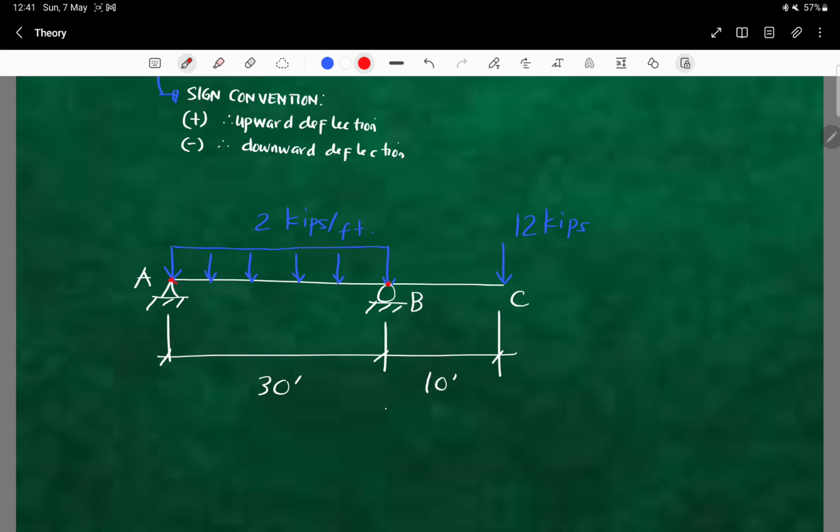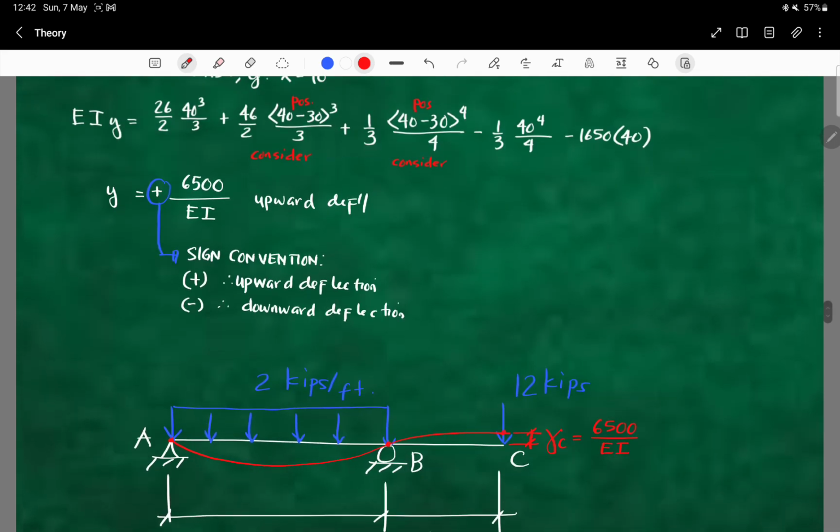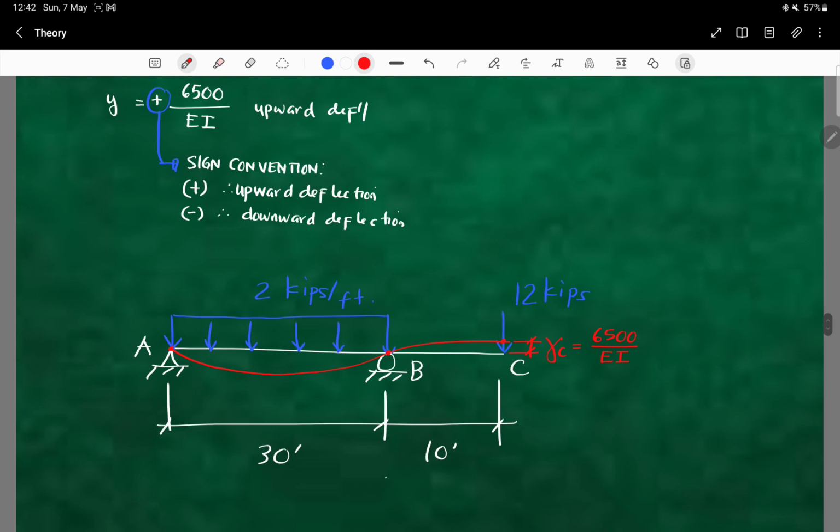So it looks like this. This is the upward deflection, meaning it is above x. So the deflection here is 6,500 all over EI. Okay, clear?